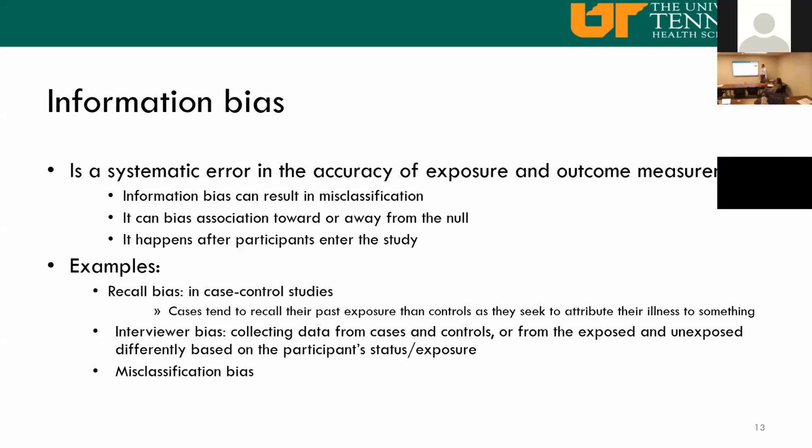Misclassification means classifying a person who is not exposed as exposed, and classifying a participant who did not have an outcome as having an outcome. It can bias association towards or away from the null. It happens after a participant enters the study.